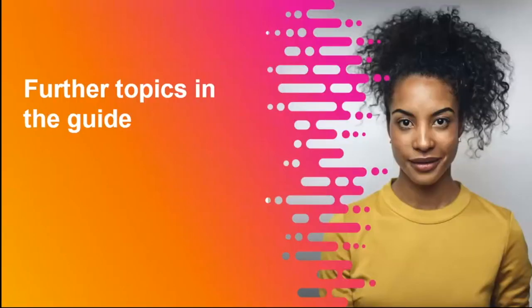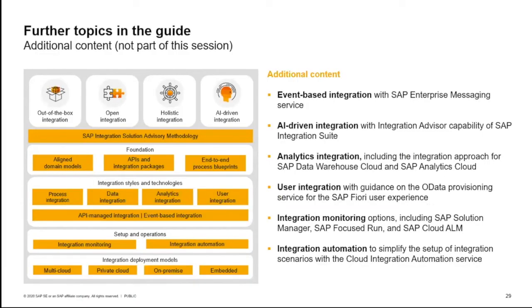Yeah, having said that, let's take a look at further topics in the guide that we have not covered as part of this session. We have also enriched the content of the guide with information about event-based integration, which is getting more and more traction, where we are leveraging SAP Enterprise Messaging. Also AI-driven integration, where we have the integration advisory capability in place, which is very useful especially for B2B integration scenarios.